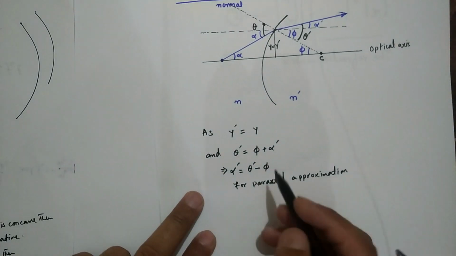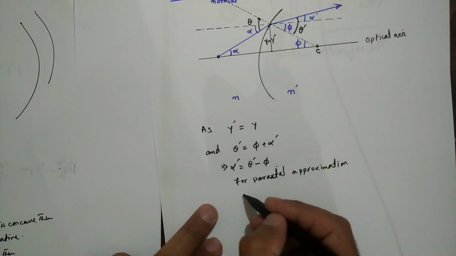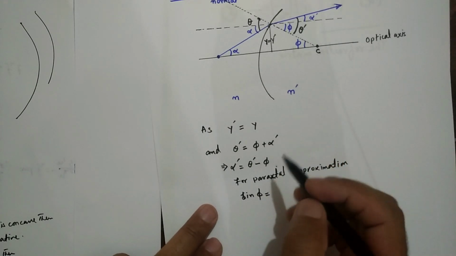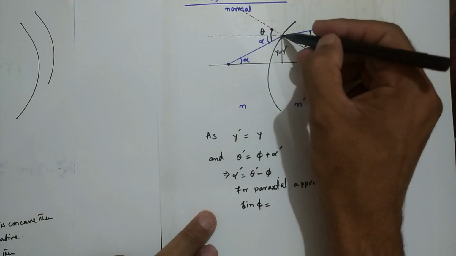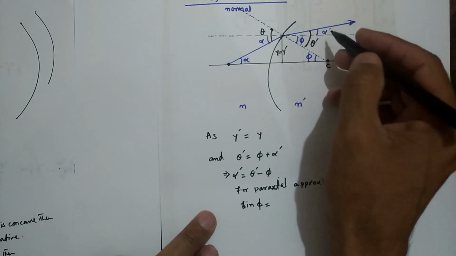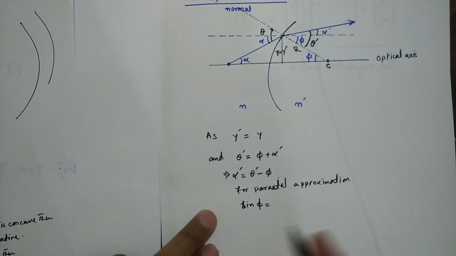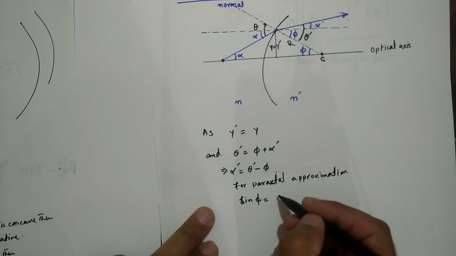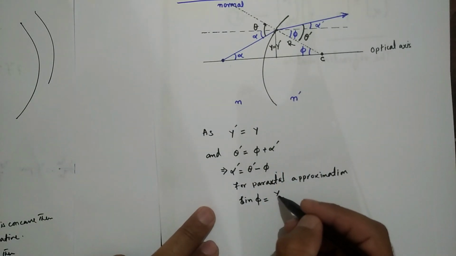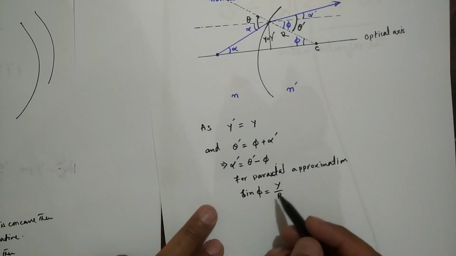Then sin phi is equal to y divided by r, if we consider the distance from the point of refraction to the center of curvature, let this distance be r.